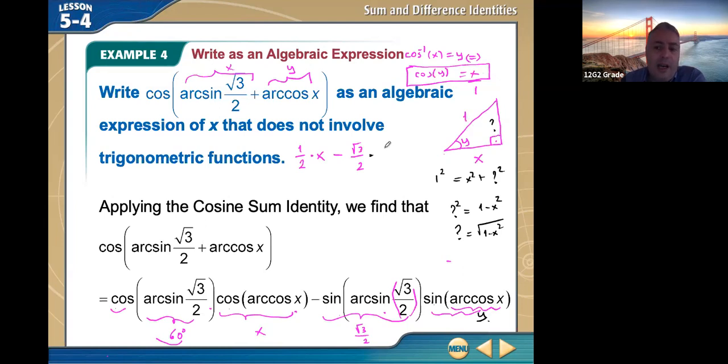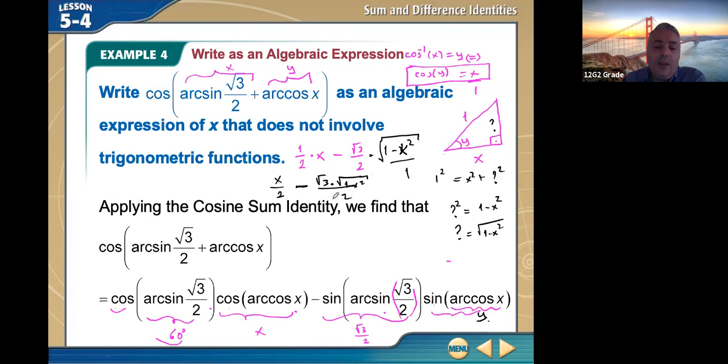The opposite is what I just calculated, the square root of 1 minus x squared, divided by 1. So the final result is x over 2 minus root 3 times the square root of 1 minus x squared, divided by 2.